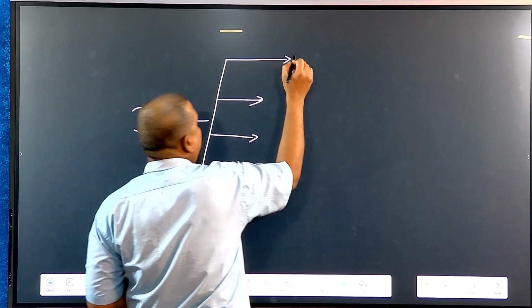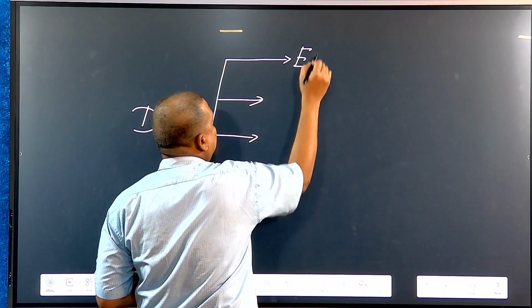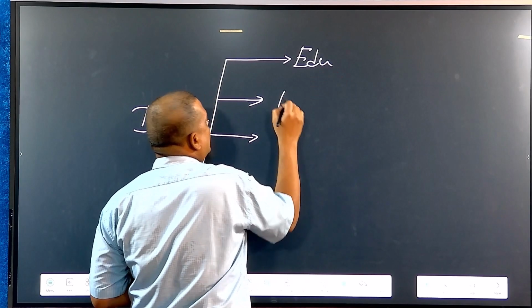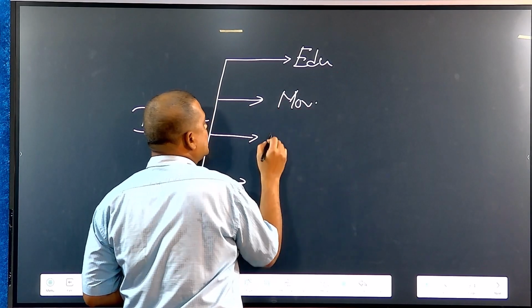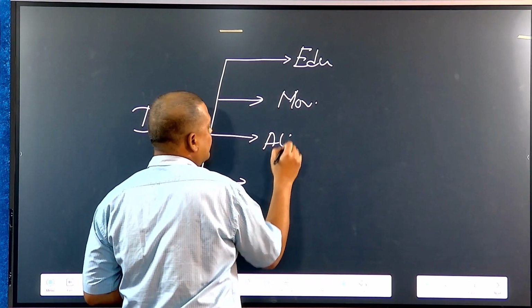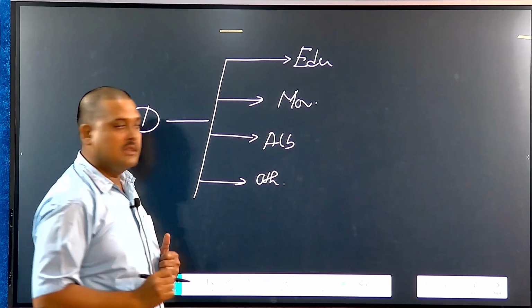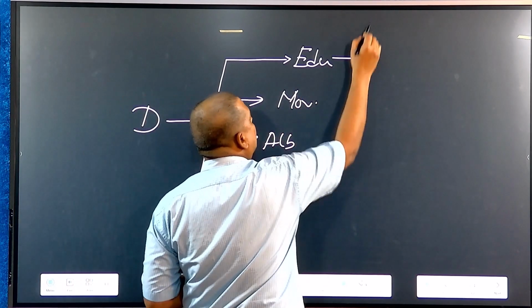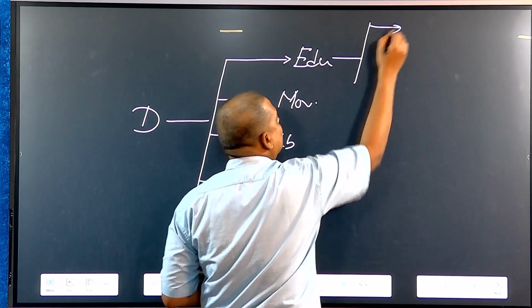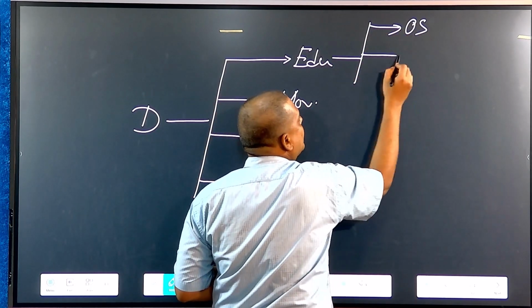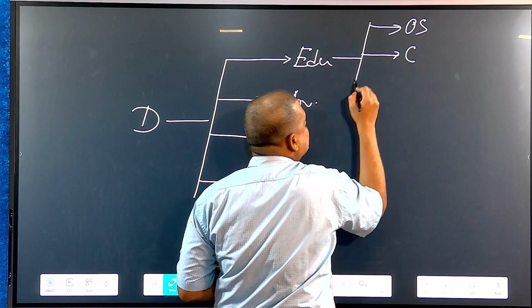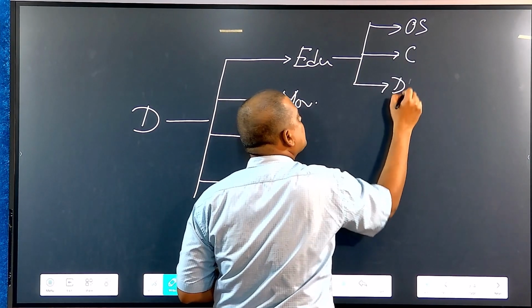There is a folder called education, this is called movie, this is called album, and some others. In the education folder there can be different folders like operating system, C language, DBMS.